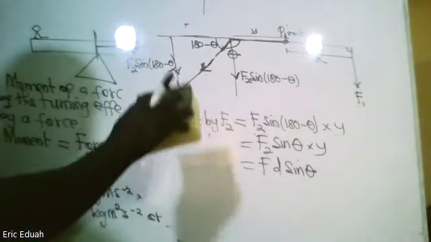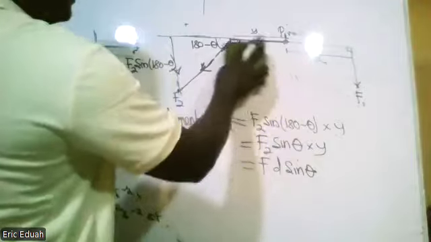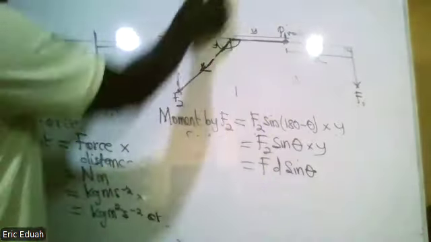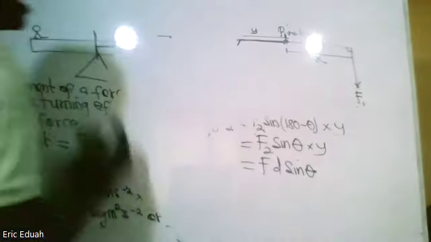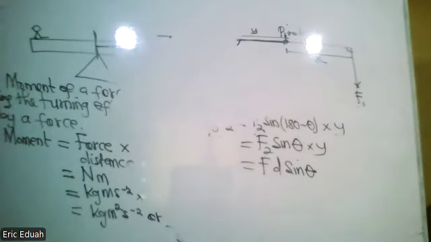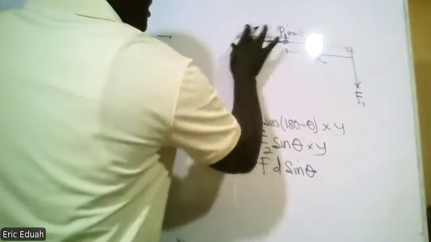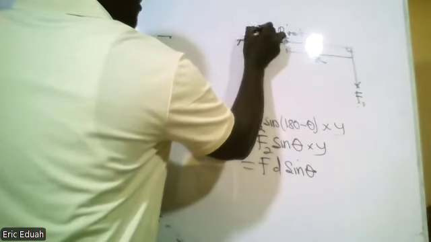Let's solve an example using real numbers. So I'm told that F2 acts at maybe 5 centimeters. This is 5 centimeters around the pivot.